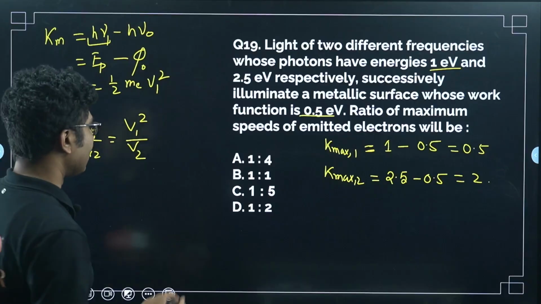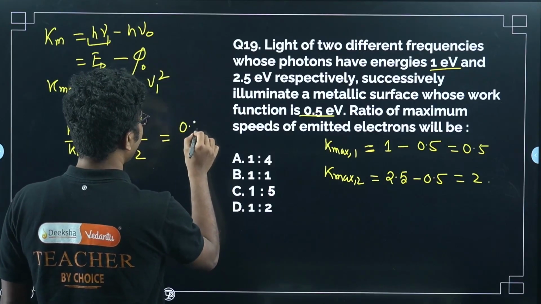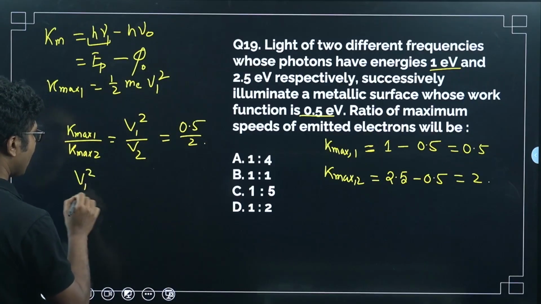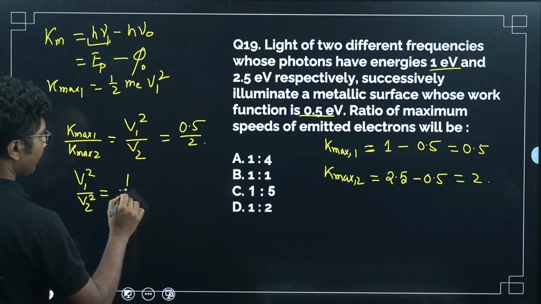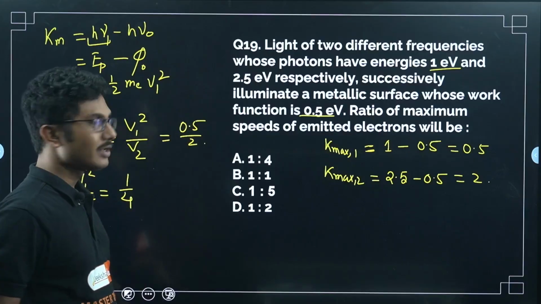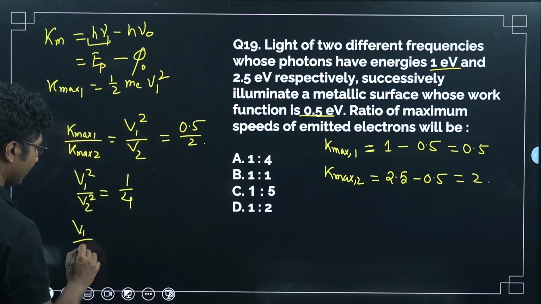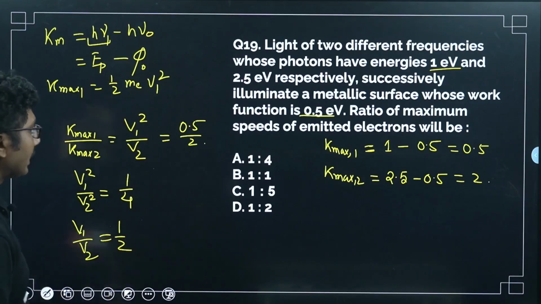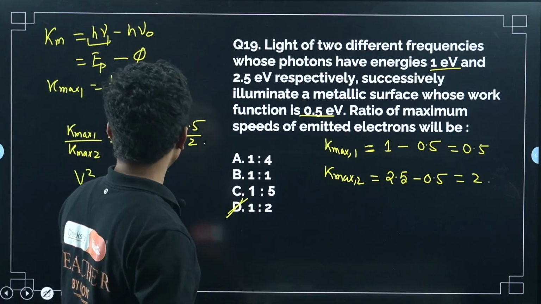Other terms will be cancelled. That is equal to 0.5 divided by 2. Okay, so v1 square by v2 square equals 1 by 4. 0.5 means half, and there is already 1 half, so it will be 1 by 4. So v1 by v2 equals 1 by 2. Okay, so the ratio will be 1:2. Simple. Okay, this is an easy problem.